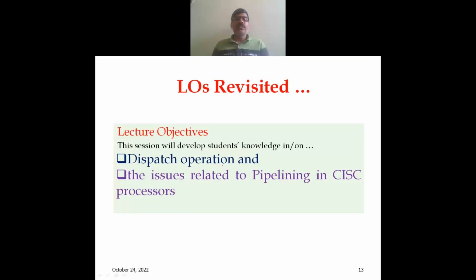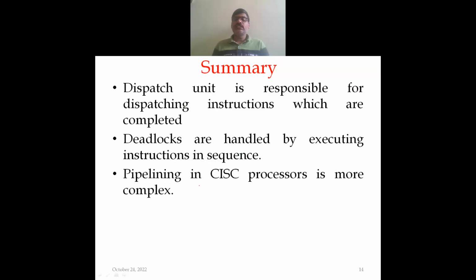Now coming to these lecture objectives, which are revisited here: this session will develop students' knowledge on the dispatch operation as well as the issues related to pipelining in CISC processors. The summary of today's session is that the dispatch unit is responsible for dispatching the instructions which are completed, and deadlocks are handled by executing the instructions in sequence.